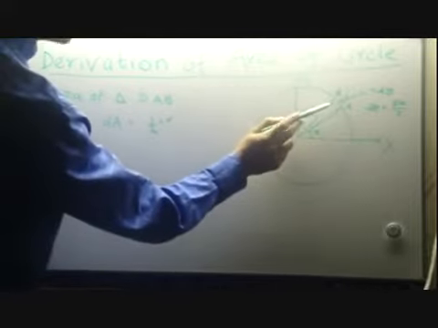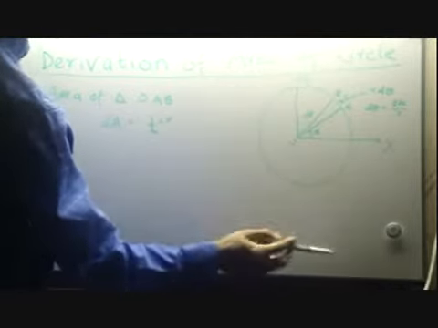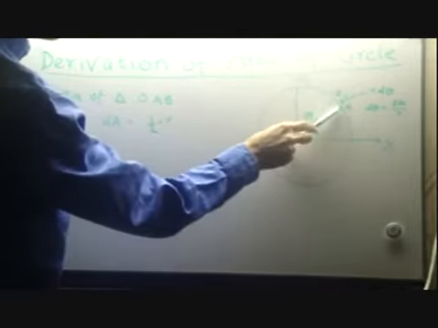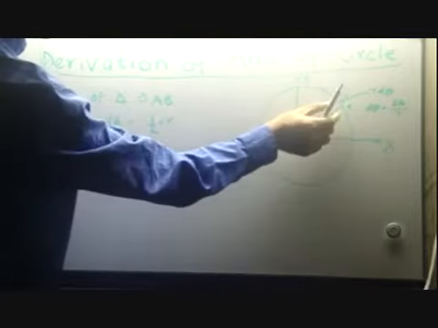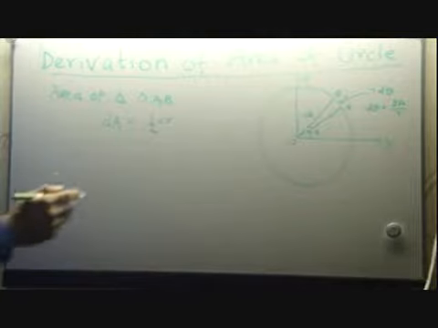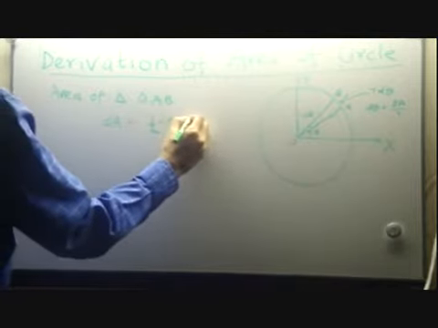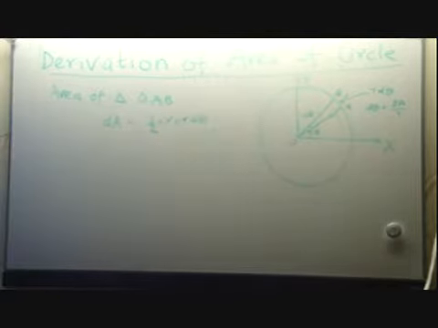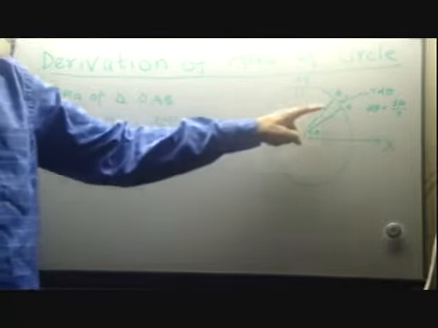And the base of this triangle is the same as the length of this arc, assuming that this arc has a very small infinitesimal length. So we term it as r into d theta. So this is the area of this small triangle.